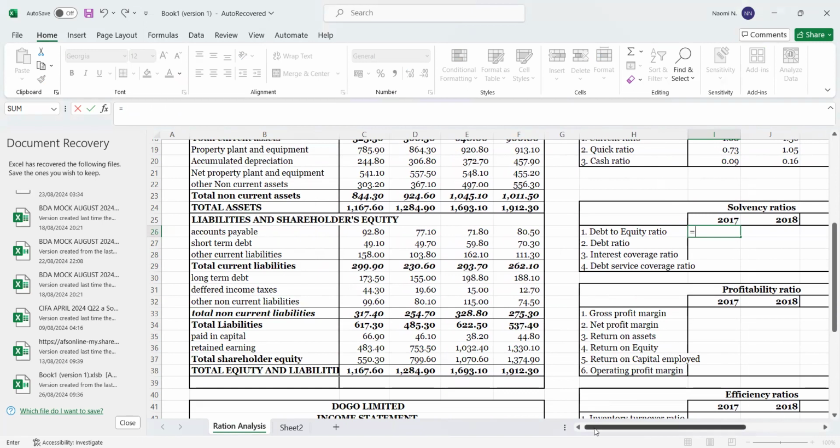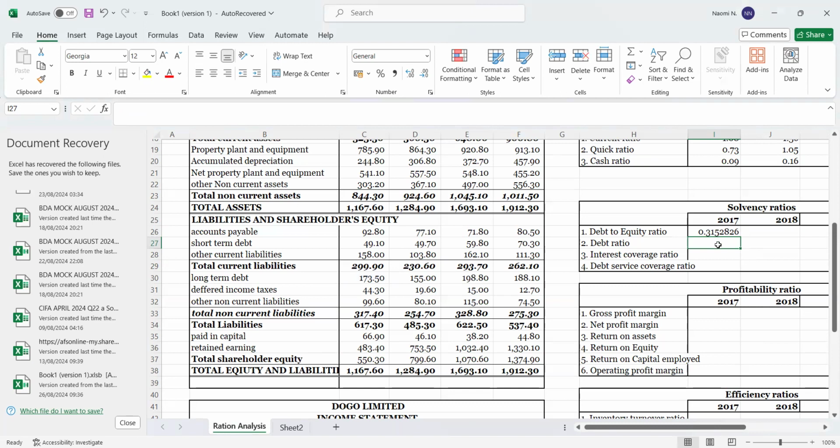Please remember that we are focusing on long-term sustainability in terms of debts and equity. So in my calculation, I'm going to focus on the long-term debts. So it is long-term debts divided by total shareholders' equity.